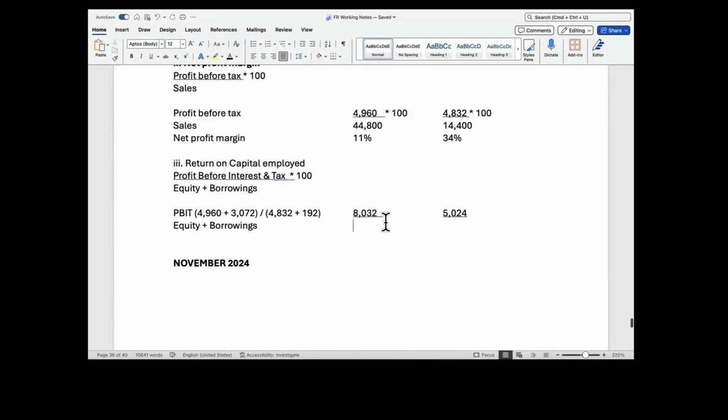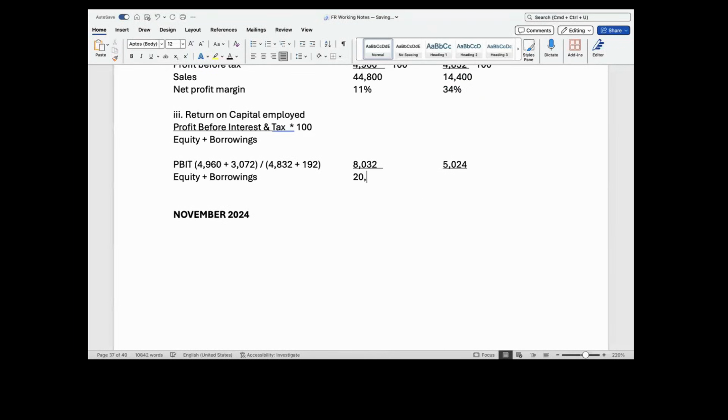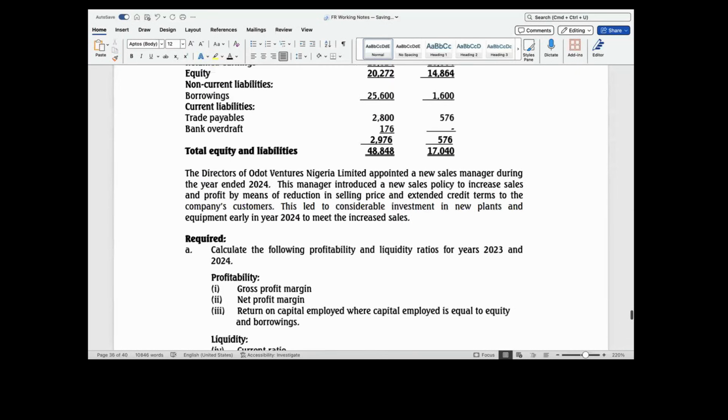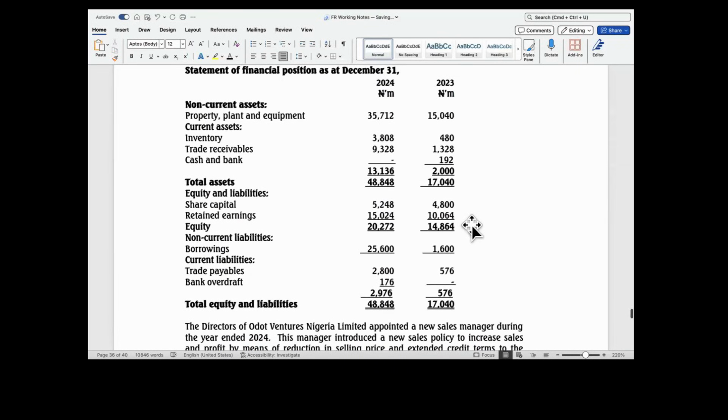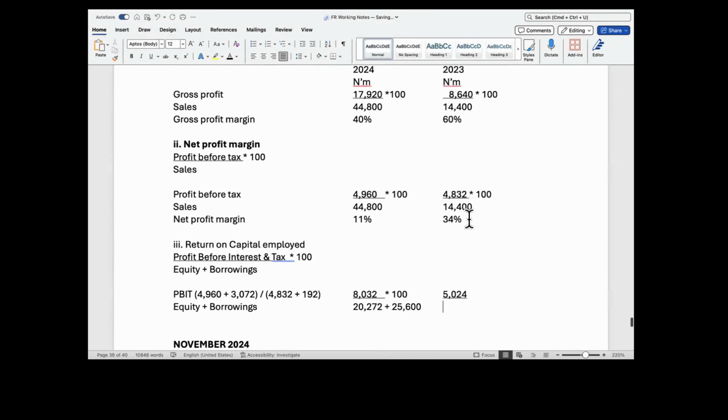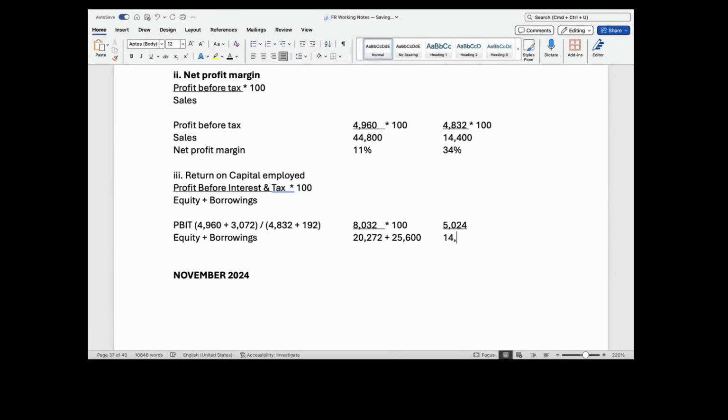So 2,272, 25,600, times 100. Whereas in 2023 it is 14,864 plus 1,600.